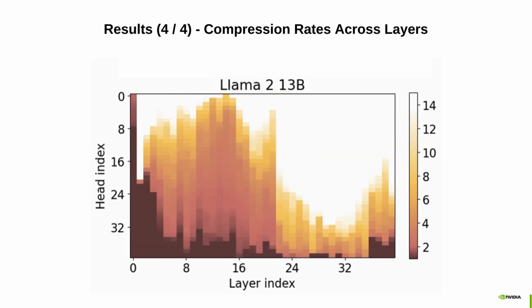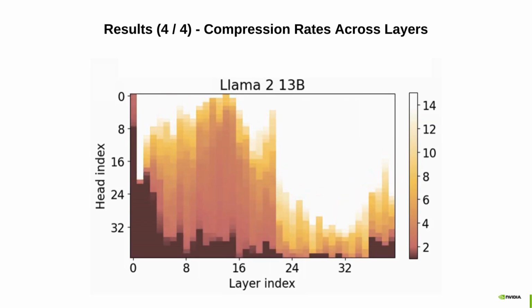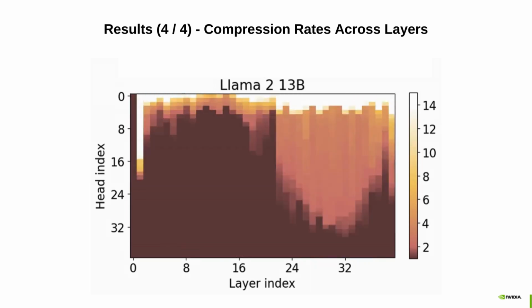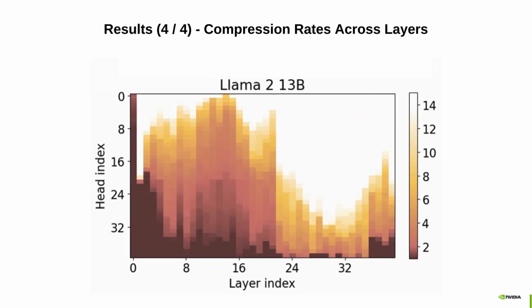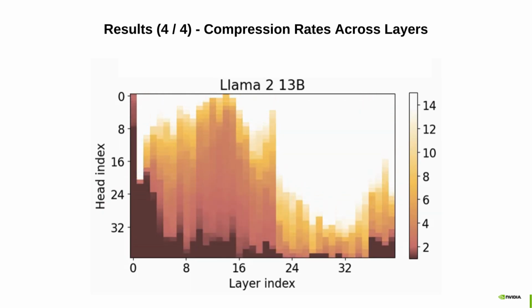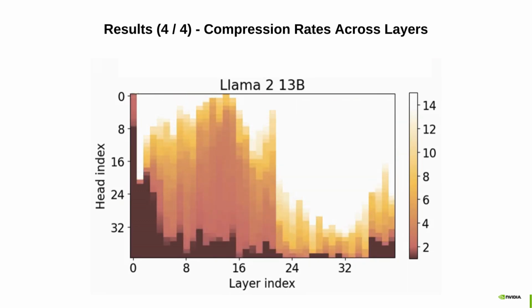As I mentioned earlier, DMC transformers are trained to gradually increase their compression ratio throughout the retrofitting process. This strategy allows the model to decide where it wants to compress, specifically in which layer and in which head.